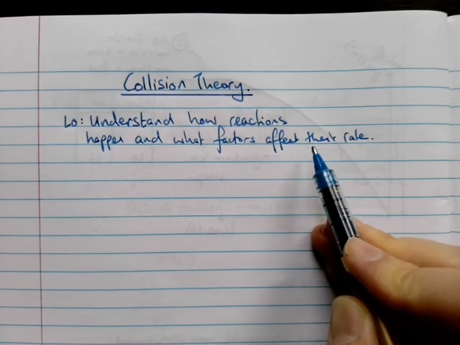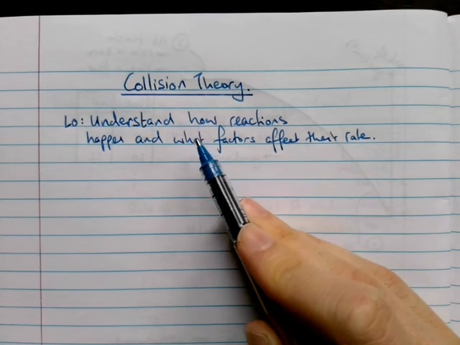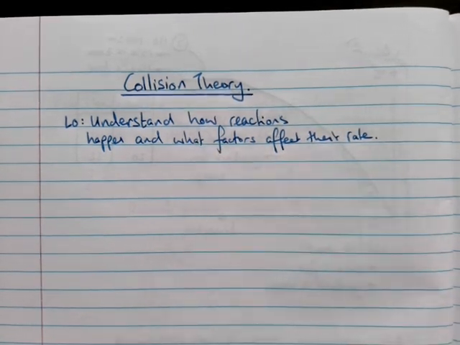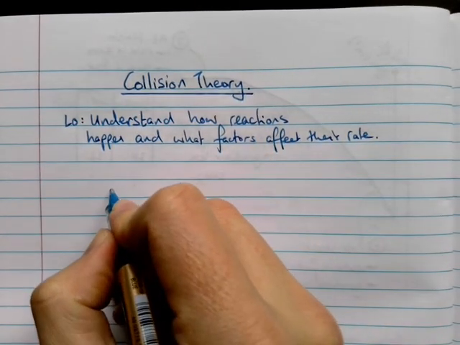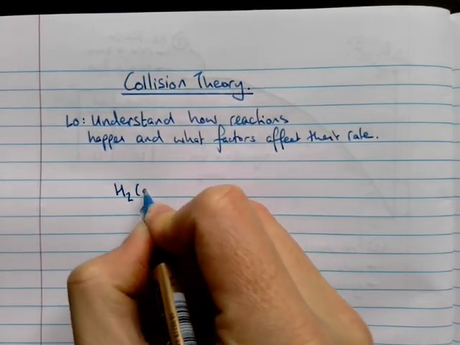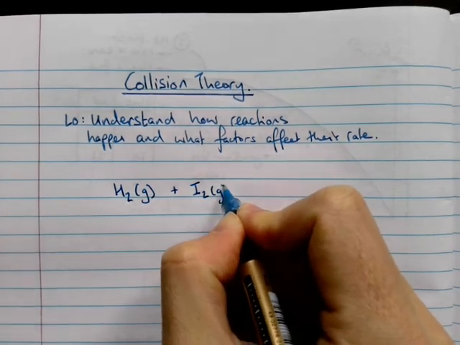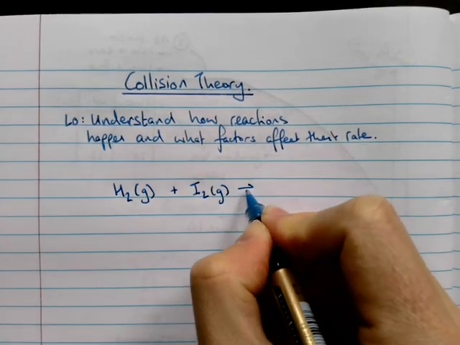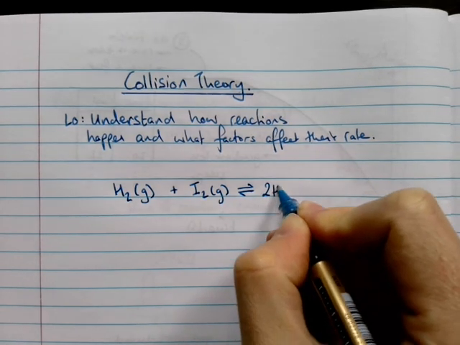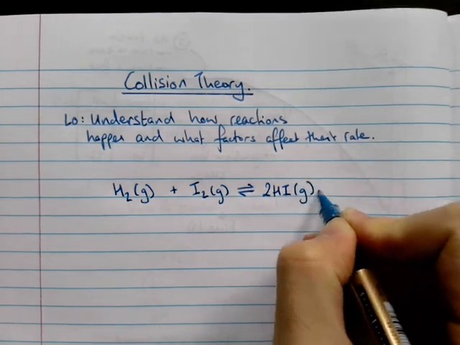But before we do that, we need to really understand how reactions happen. So if I write out an equation such as H2, so hydrogen gas, plus I2, that's iodine gas, and I get 2HI gas.